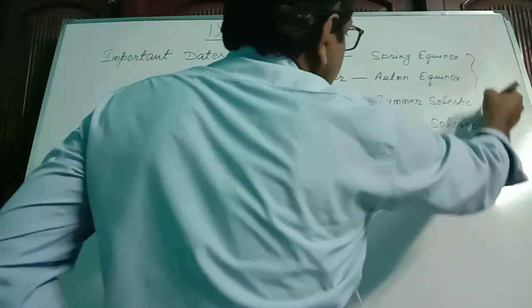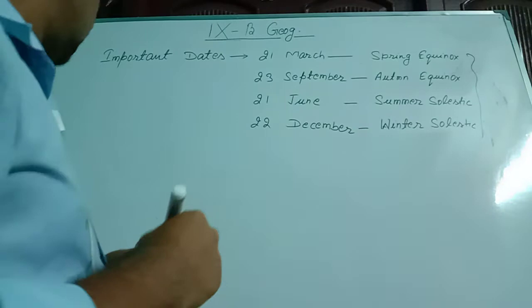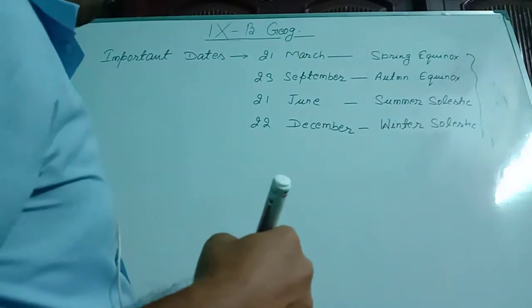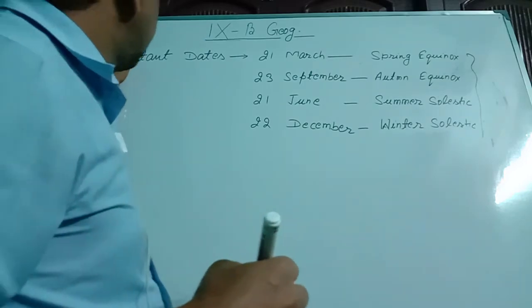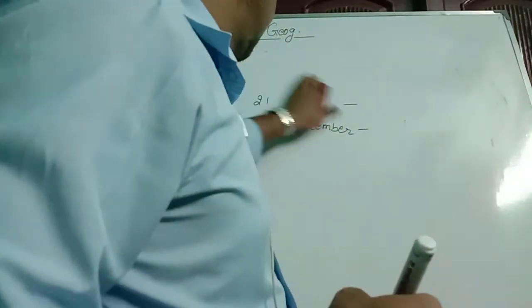One by one we will see the explanation of all these four, and after that we will do the comparative study. So this is the last topic of this chapter. Our aim is to do comparative study of all these important phenomena on the earth.